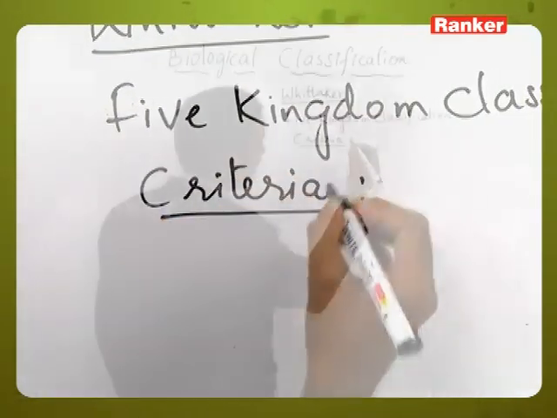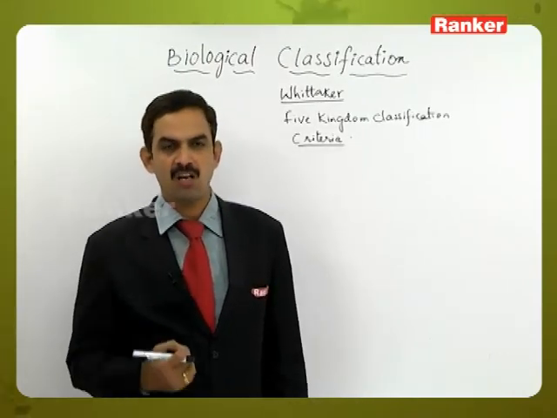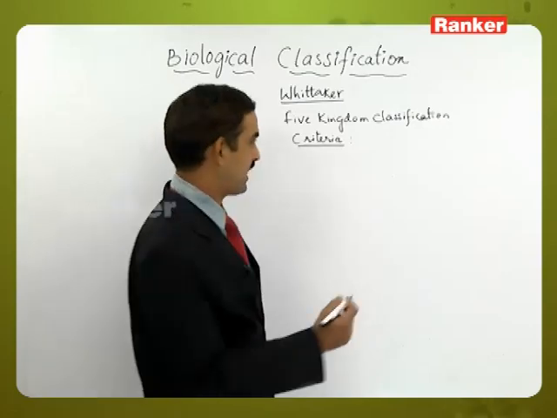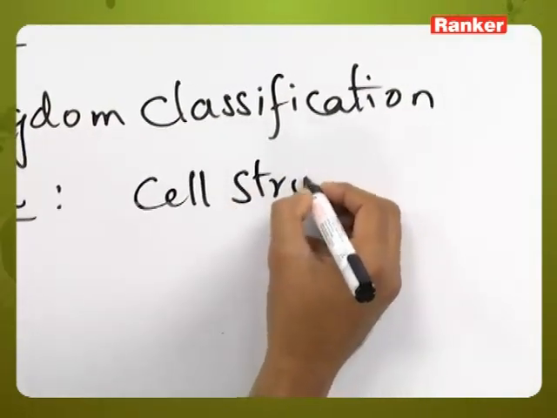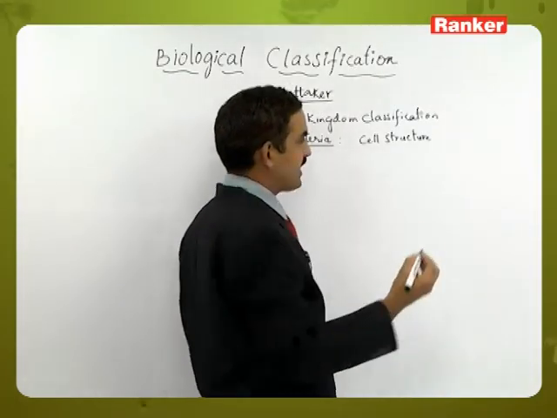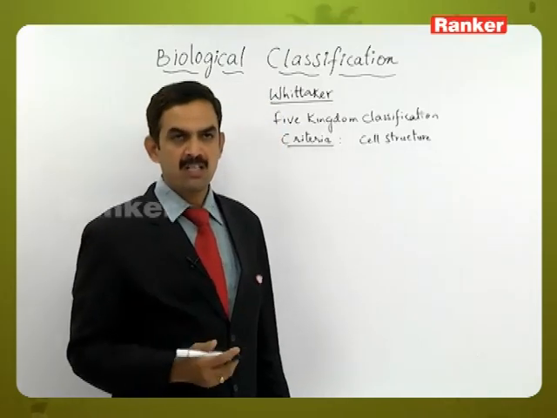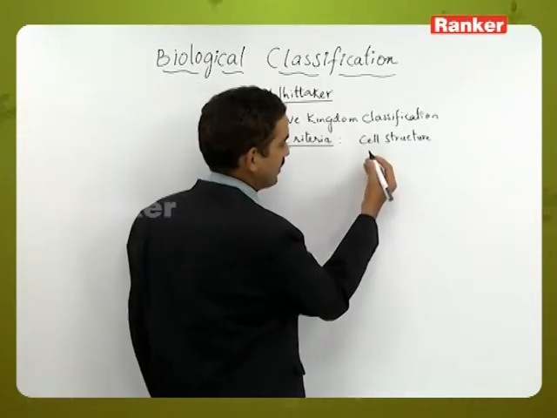So here the criteria is the most important thing, which helps in giving the best or the more suitable system of classification. For this one, he had taken one criterion as cell structure, that is, whether the cell structure is unicellular or multicellular in nature, or other features related to the cell structure.